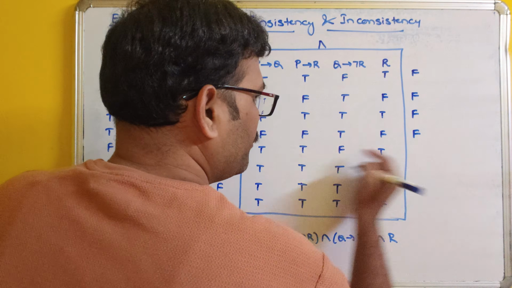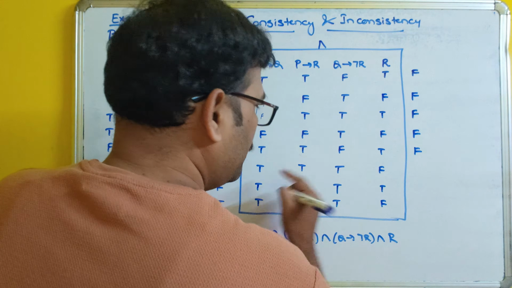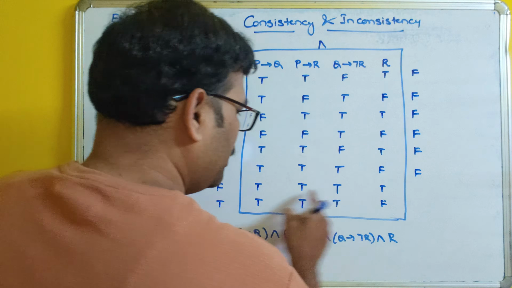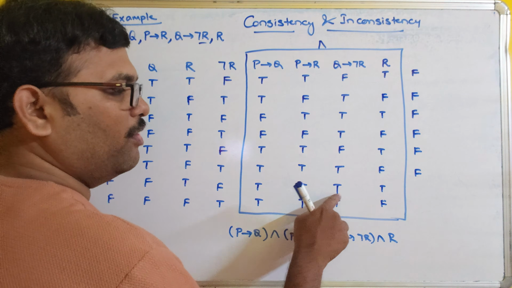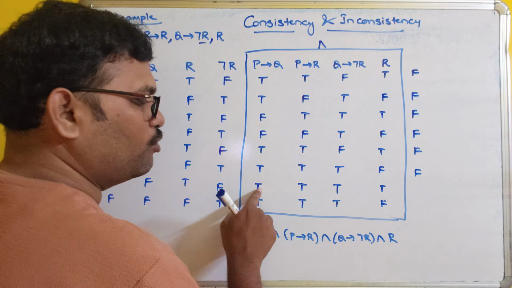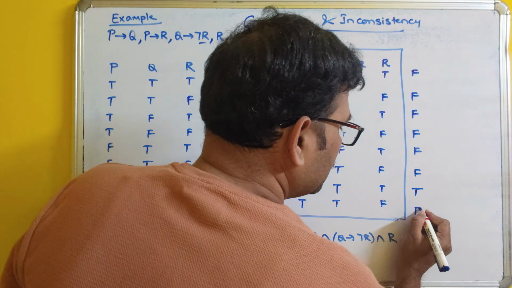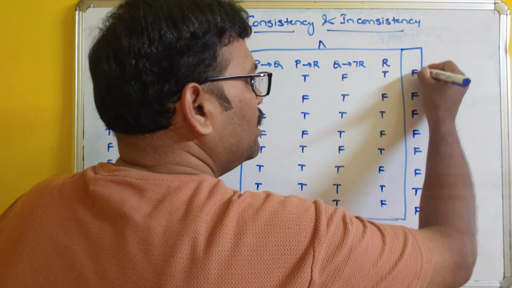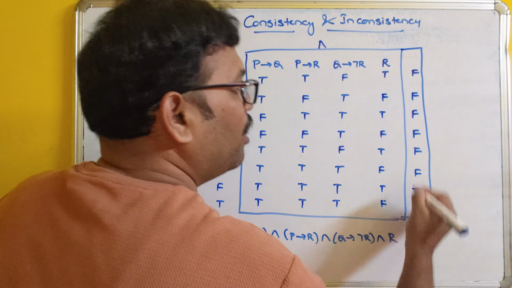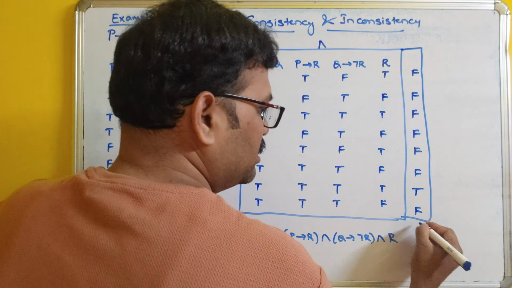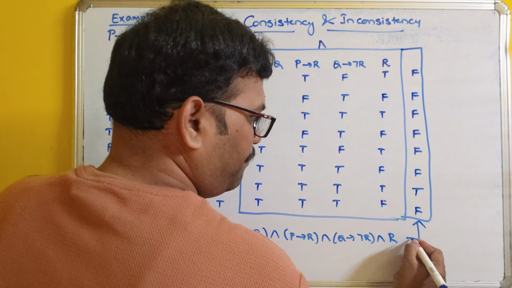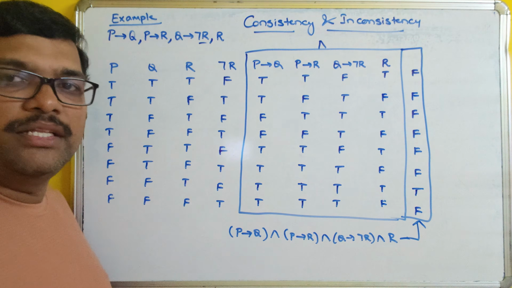Here also false. Again false. See, in this case, for every formula, we are having a true, so the result will be true. And here again we are having false. So this is the result of the truth table.